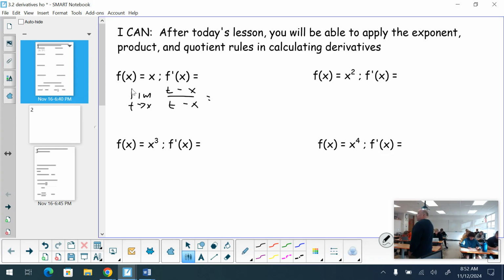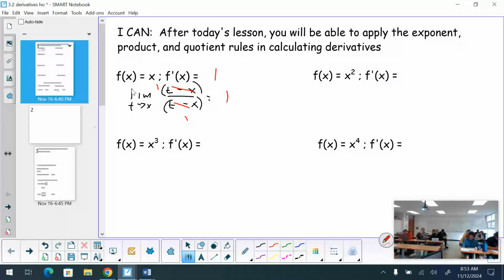What happens to the t minus x's? What can we do with them? Cancel them, leaving us with 1 over 1. So my derivative is a value of 1. So if I have a function f of x equal to x, my derivative is a value of 1.